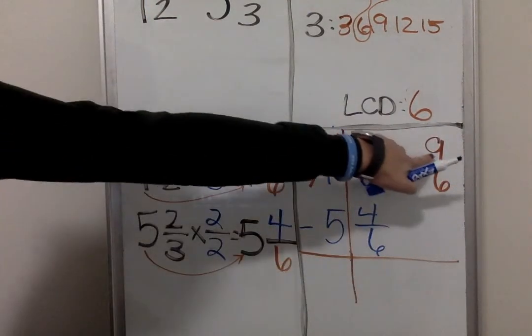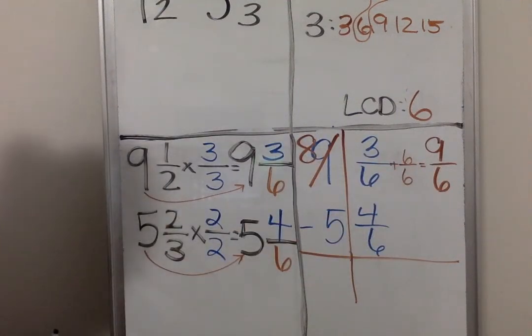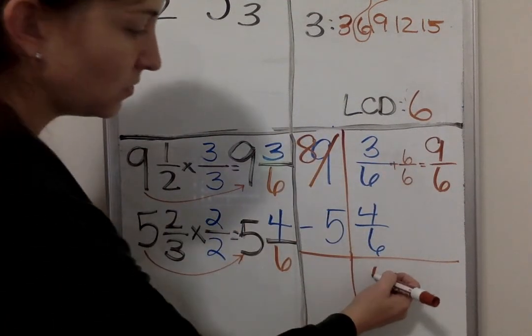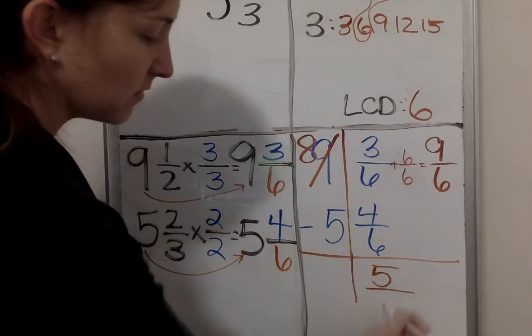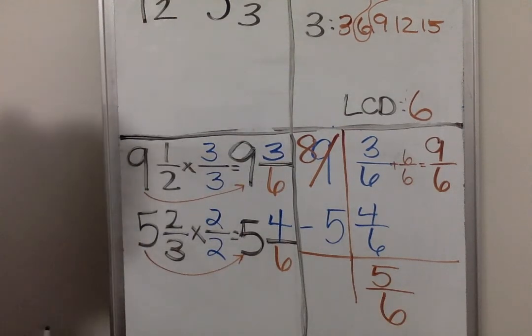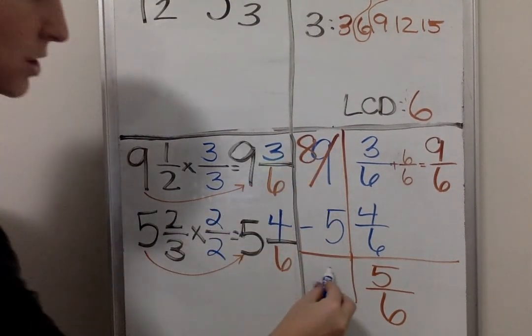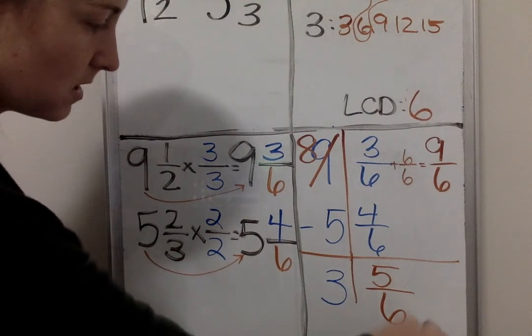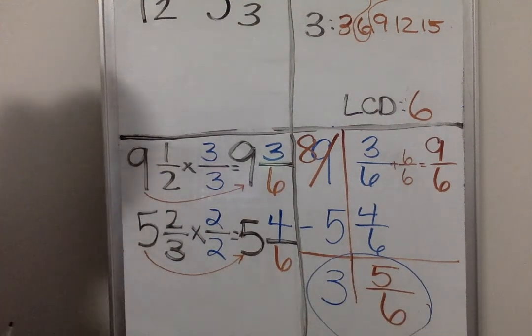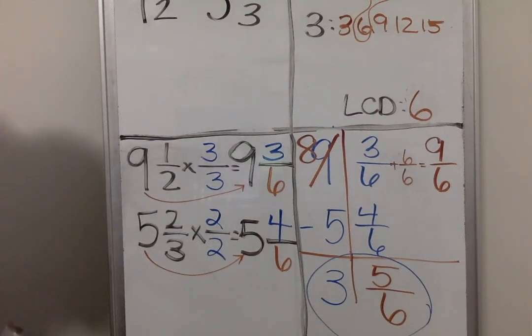And can I do 9 minus 4 now? Well, yes, I can do 9 minus 4, and that's going to give me 5. My denominator is going to stay 6. Now I have to subtract 8 minus 5, which is going to be 3. So my final answer to this problem would be 3 5/6.